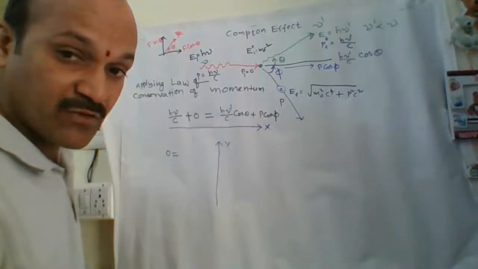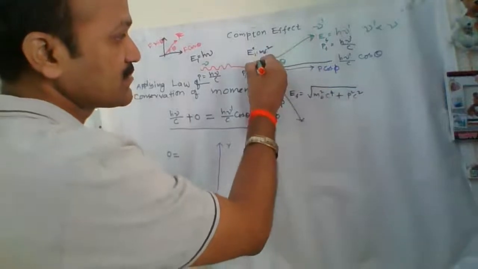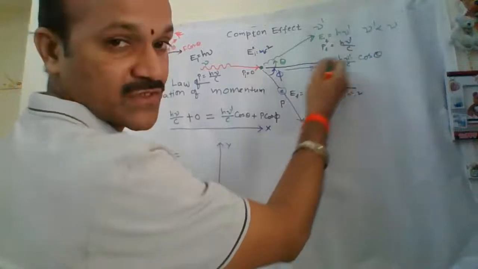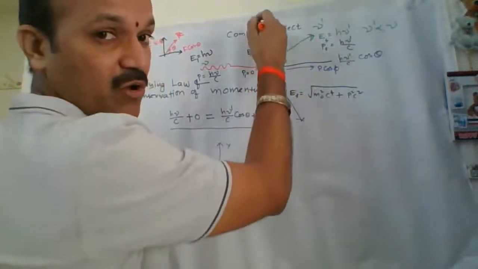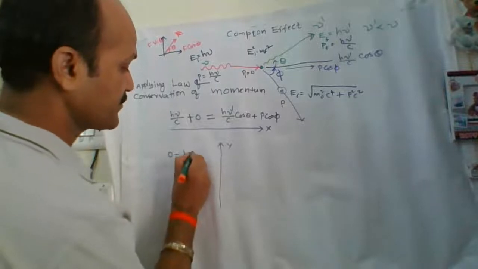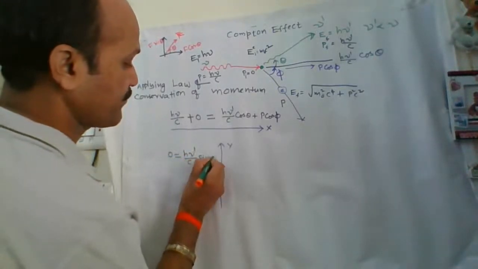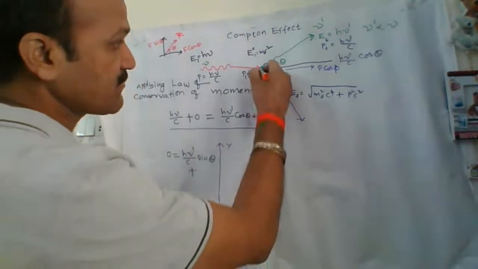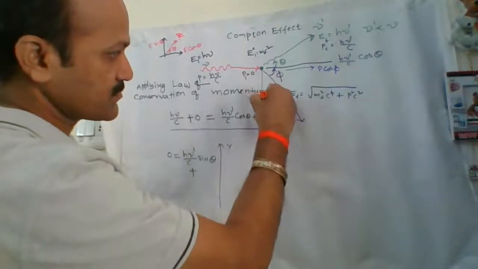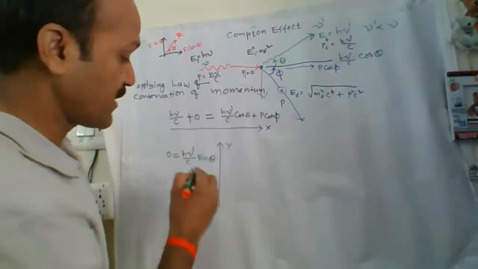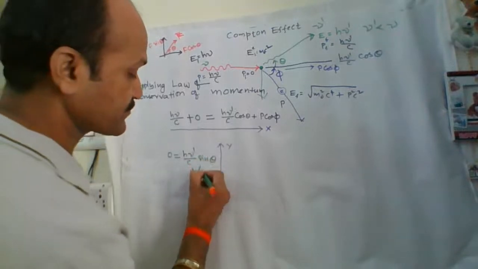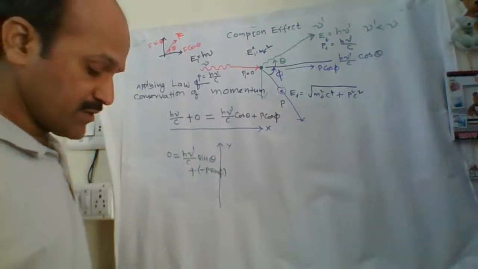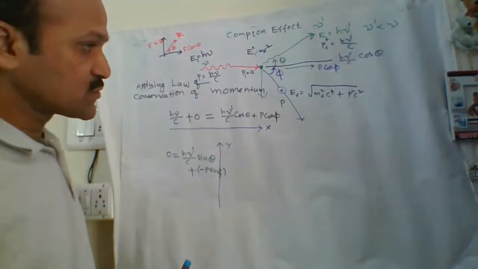What is the total momentum along the y-axis after collision? This is the oblique direction; this is the horizontal component and this will be the vertical component. So h nu dash by c sin theta plus the vertical component of the electron along the negative y-axis, so minus p sin phi. Clear?